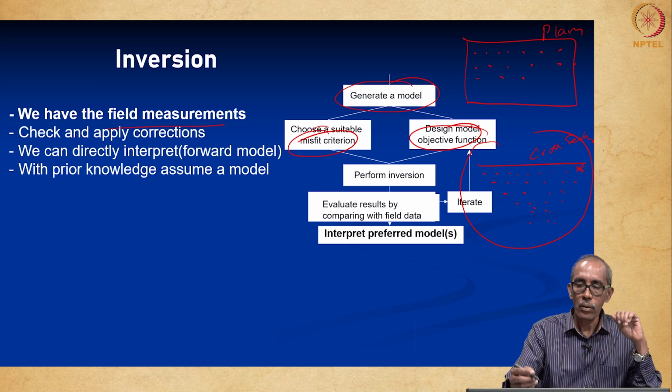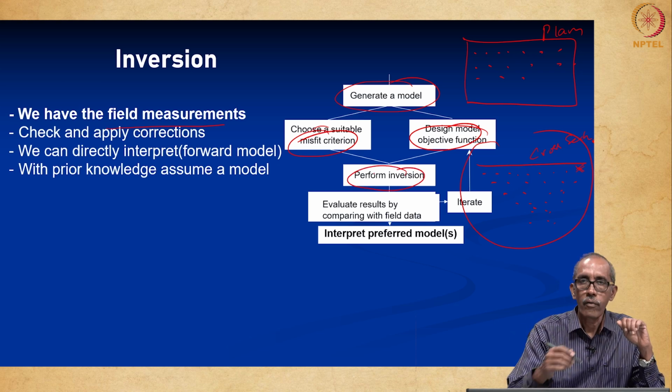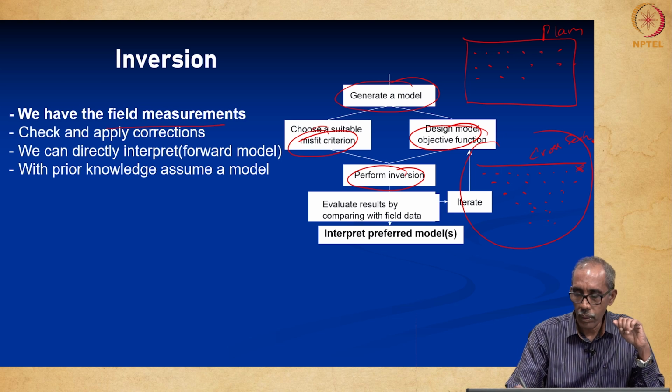Now, perform inversion. What is inversion? We are assuming certain subsurface formations. This is layer 1, layer 2, layer 3. Layer 1 may be silt, layer 2 may be sand, layer 3 may be consolidated sand, which is sandstone.